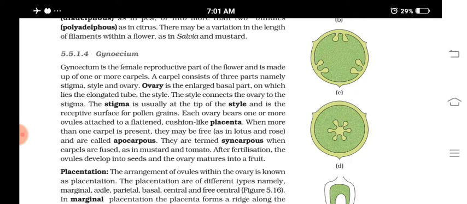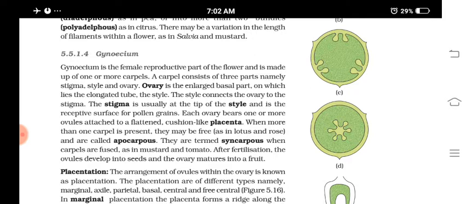The stigma attracts or receives the pollen grains. Each ovary has one or many ovules attached to it through the placenta.